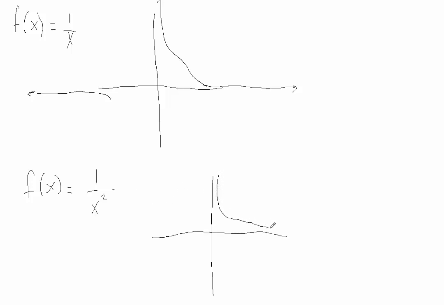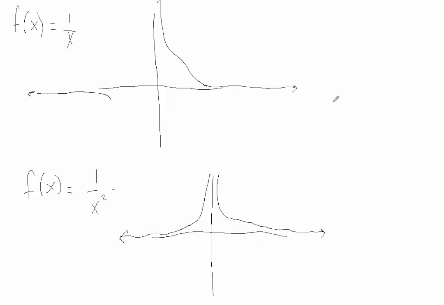As x gets very, very big, a billion squared, a trillion squared, 1 over that is a number very, very close to 0. Same thing for negatives. As we go to very huge negative numbers, square it, you're going to get a number close to 0. So again, we have this horizontal asymptote at y equals 0, or on the x-axis.